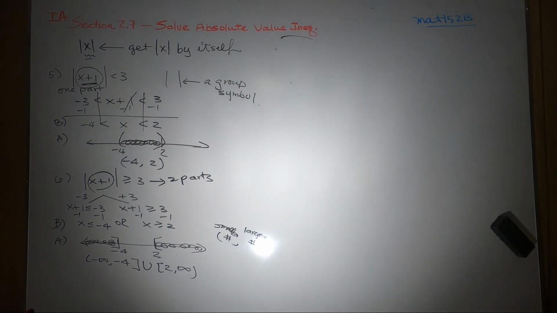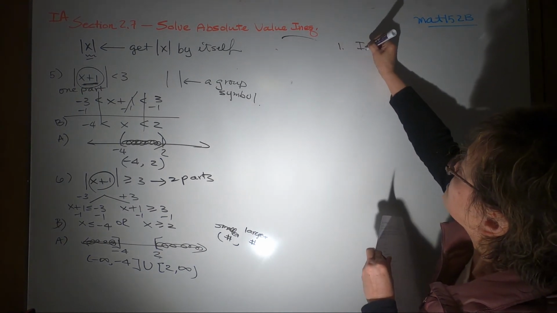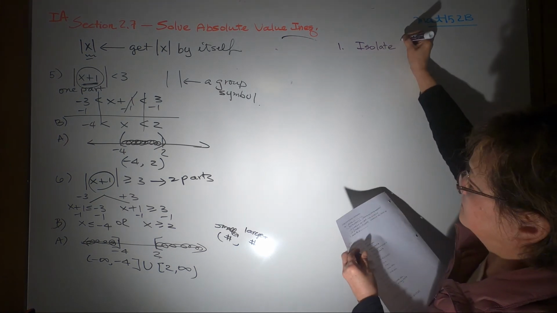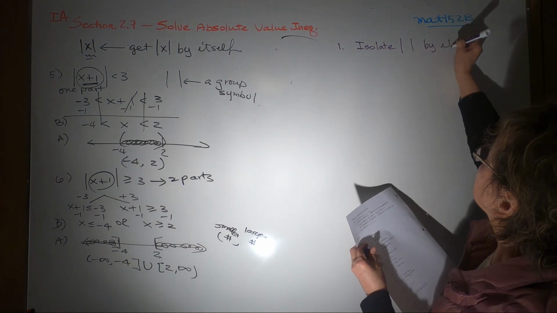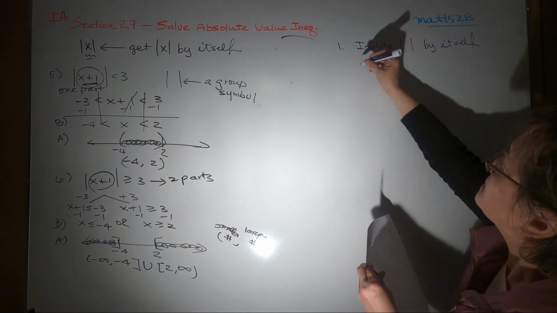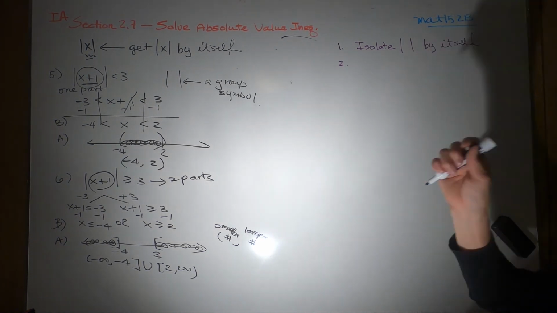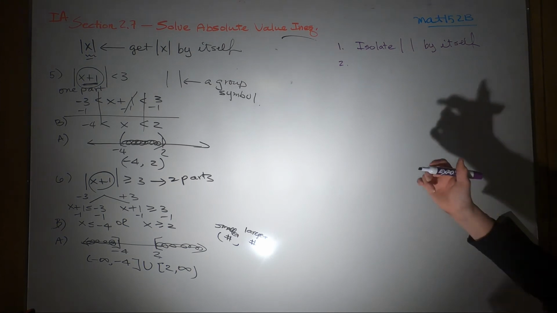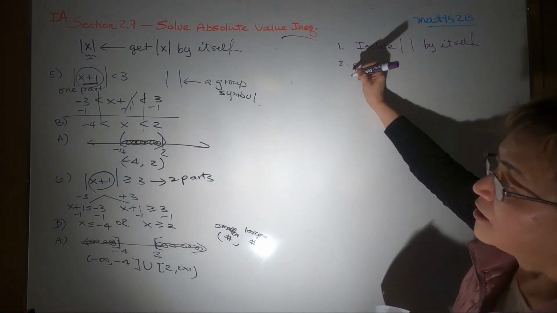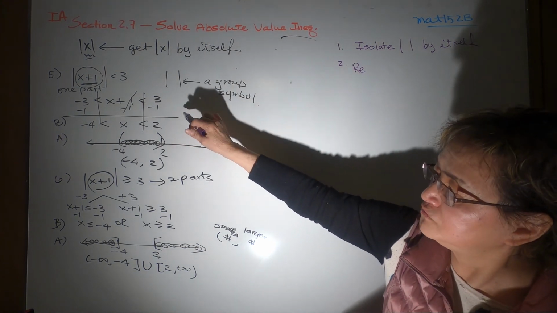So the way to solve it, we always do what? We will isolate this one by itself, right? Just like you isolate your x. Because absolute value is a group symbol, so you take this group by itself, then decide what you want to do, right? Then we want to solve it without the group symbol, without the absolute value.